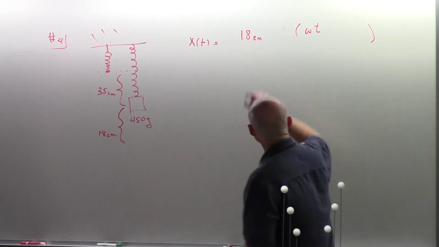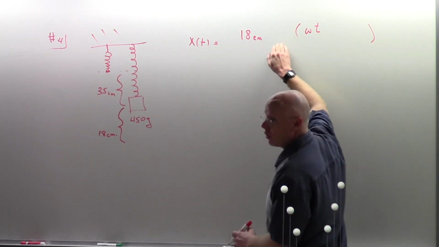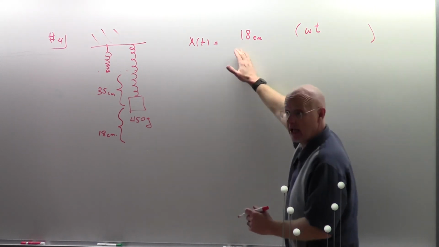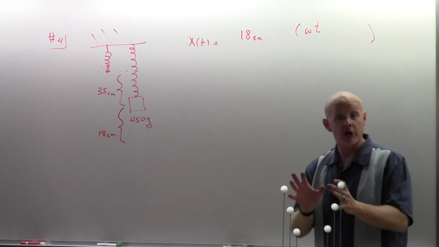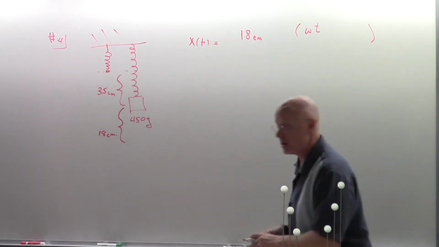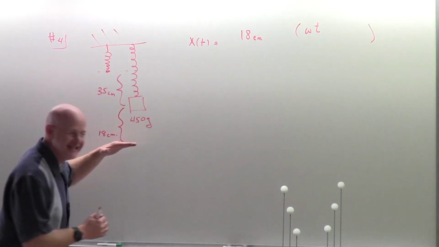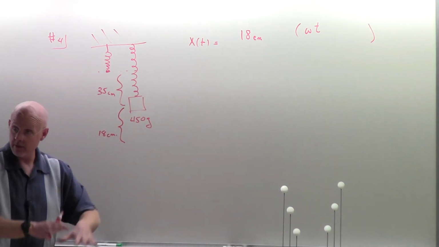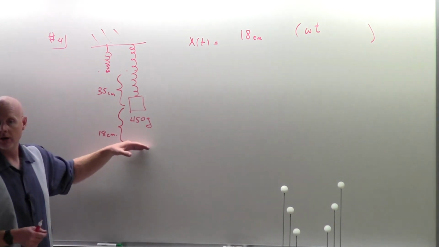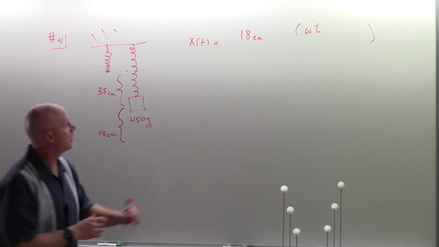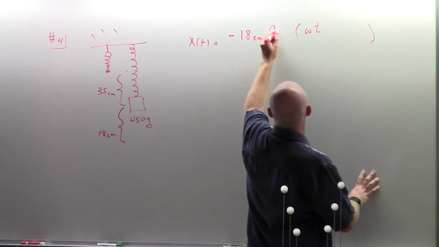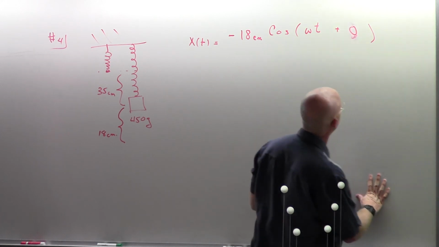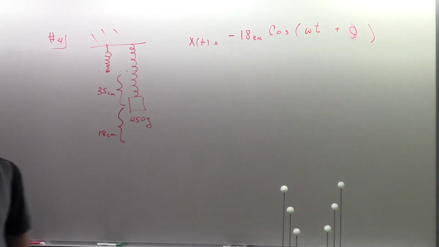Maybe I better deal with what goes here. Do I do cosine with a phase? Do I do sine without a phase? Do I do negative cosine? I mean, you've got a lot of choices here on how you want to write it. But if they say you pull it down, calling down negative, where does it start? Yeah, I would call this a negative cosine function with no phase. No phase. That's probably the approach I would take with it.